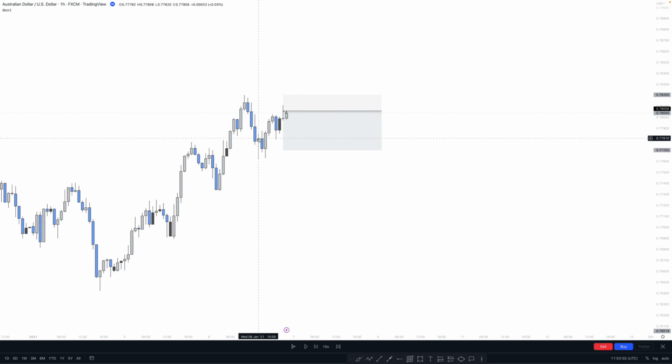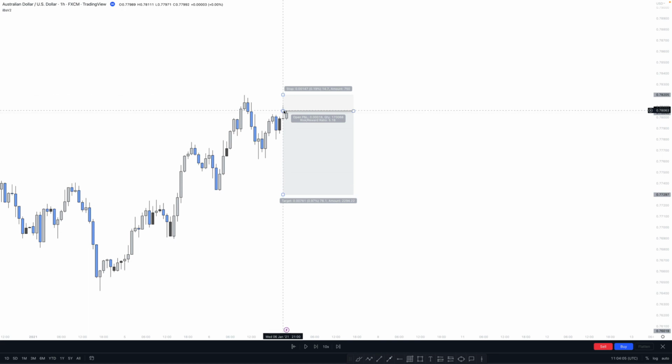We have left a big wick behind, and we have moved a little bit more aggressively. So this is a reversal trade. This is in my trade plan. I take aggressive reversal trades on AUD USD, but I'm not the biggest fan of this trade, because it has a lot of weaknesses. So we can consider this an aggressive trade as well, not a high probability one. Let's see what happens.